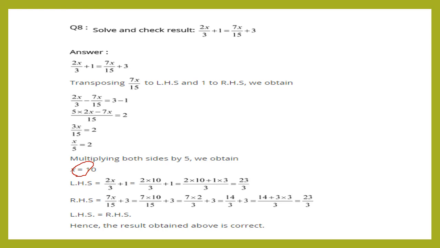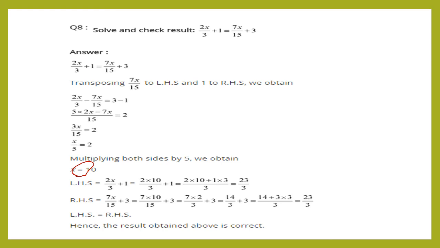Let us take the common denominator for both the terms. Here 3: 2 into 10 plus 1 into 3 equals 2 10s are 20 plus 3 1s are 3. So 20 plus 3, 23 by 3.